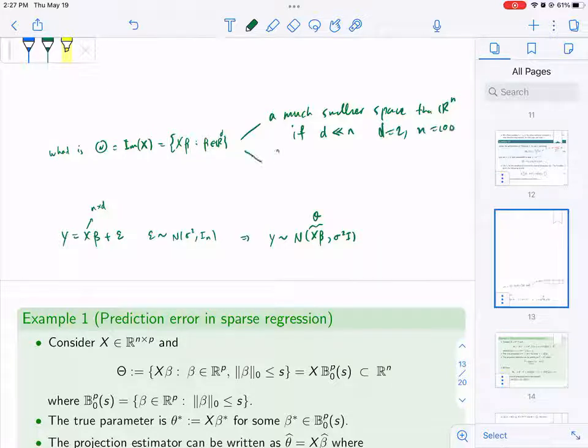But for the high D case, where n is much smaller than D, or rather D is much bigger than n, and let's say x is full rank, what would happen? What would be theta?